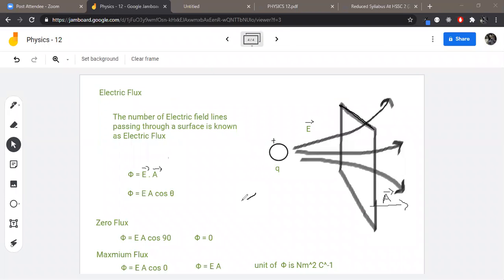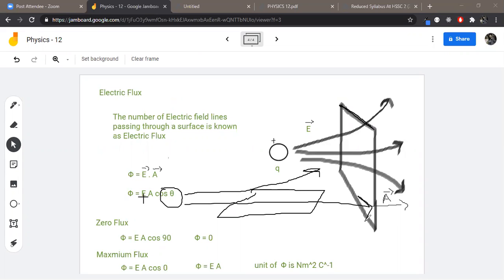Let's just say we have a surface that is along the x-axis, and again I have placed a charge here. Then the electric field of this charge will be along this direction, and this surface is parallel to the x-axis. If I draw my axes, x-axis and y-axis, you can see that the surface is parallel to the x-axis.